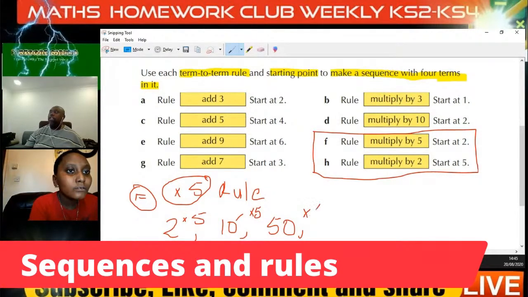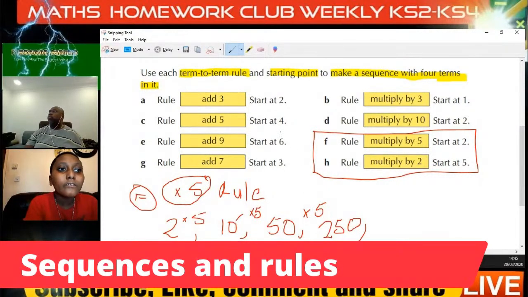Times by 5 again. What's 5 times 5? 25. So this is 250. Yes? So that's 1, 2, 3, 4. I was going to do the 5th one, but they asked us to do 4.